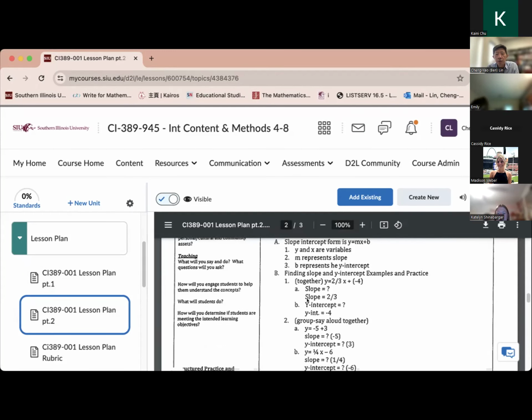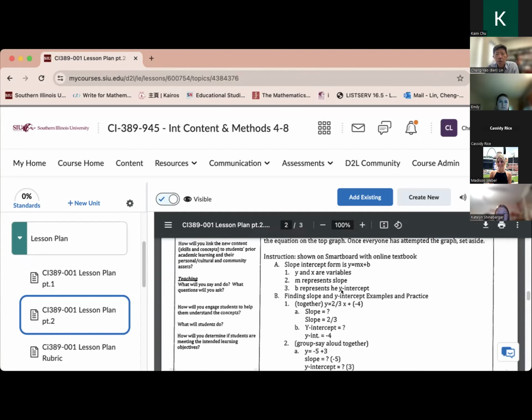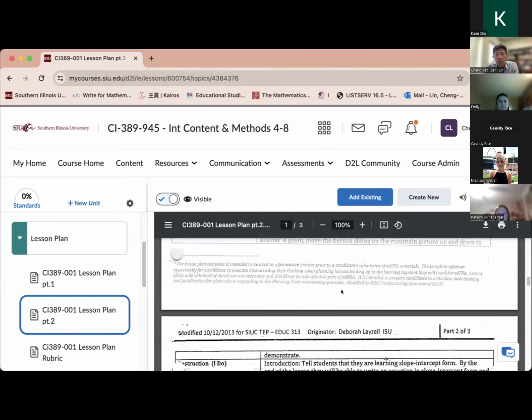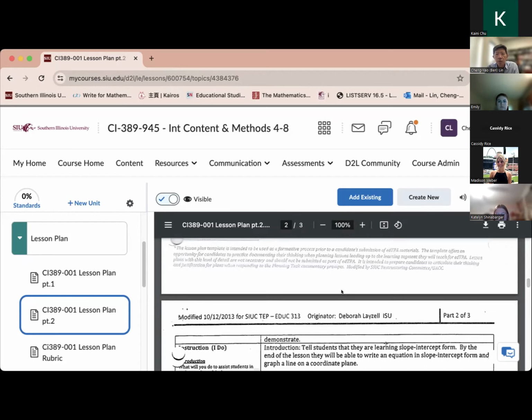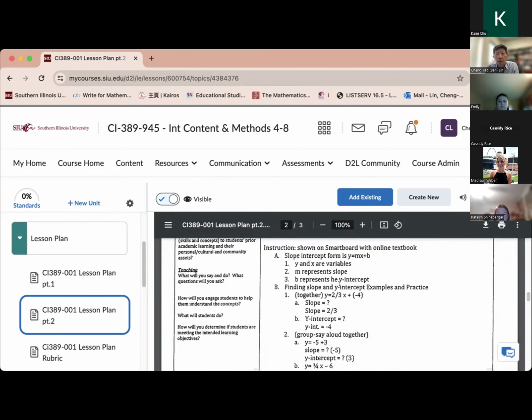And then, for instance, this one, I'll show you on the screen. This lesson is talking about what? I think it's slope intercept form, right? We talk about slope intercept form. So the goal is teaching slope intercept form.